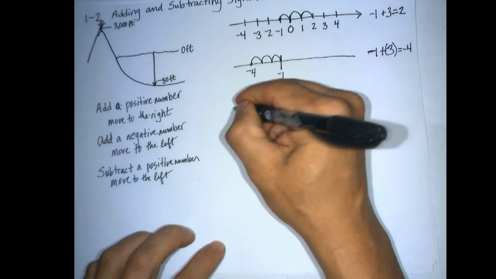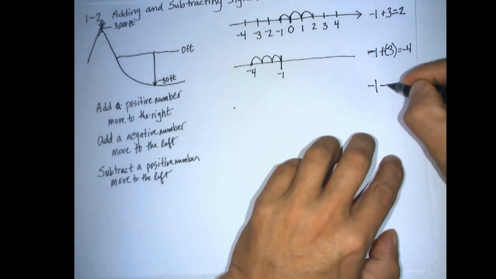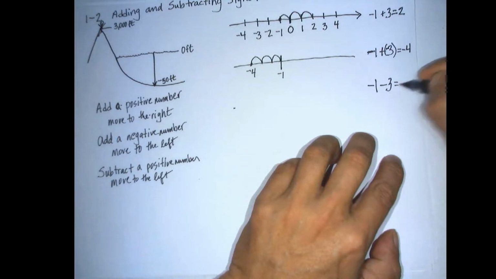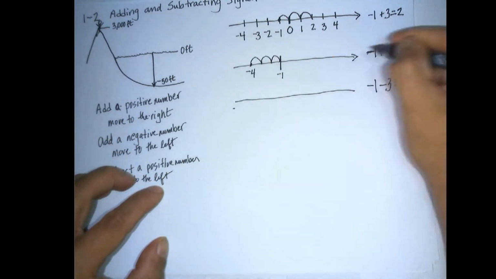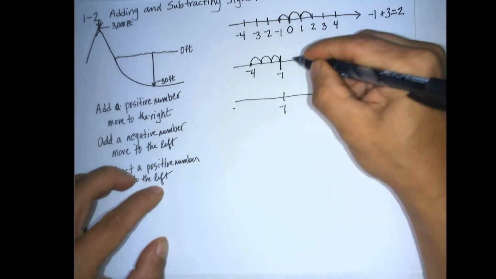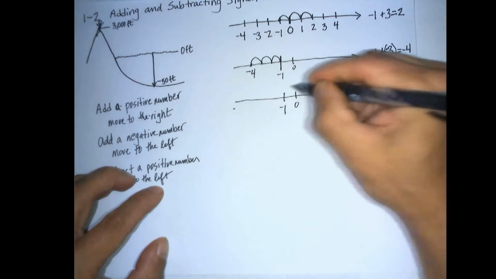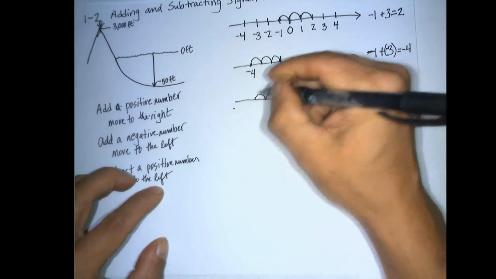So, what is negative 1 minus 3? We're going to start at negative 1, and move 1, 2, 3 places to the left and be at negative 4.